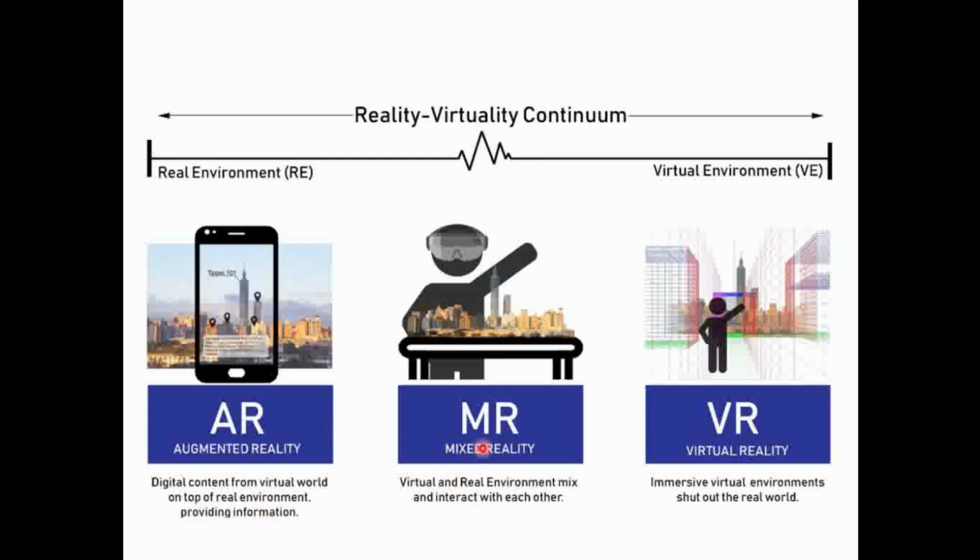Mixed reality is the new term, where you can find virtual and real environment mix and interact with each other. Okay, the interaction is happening between virtual and real thing, that is called mixed reality. And virtual reality is an immersive virtual environment that shuts out the real world. Okay, so these are the three different types in the reality environment, or we can say AR, MR and VR.